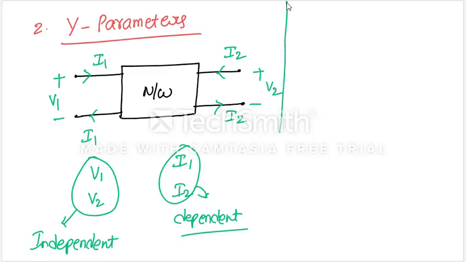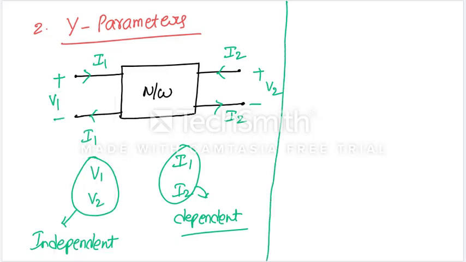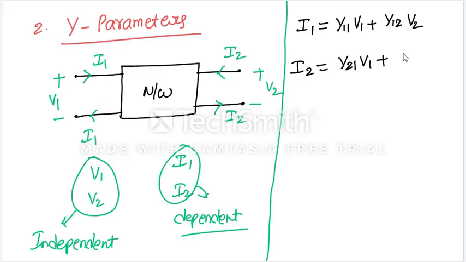Then we will develop these equations. I1 is equal to y11 v1 plus y12 v2. Next, I2 is equal to y21 v1 plus y22 v2.